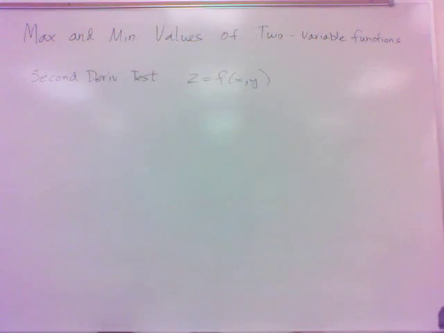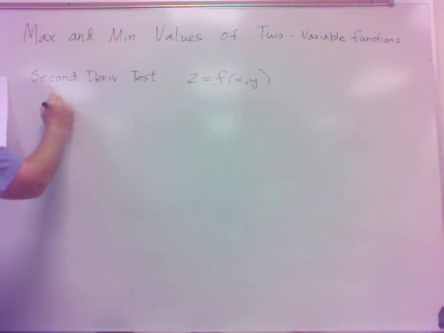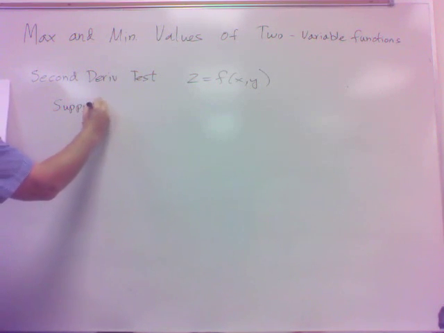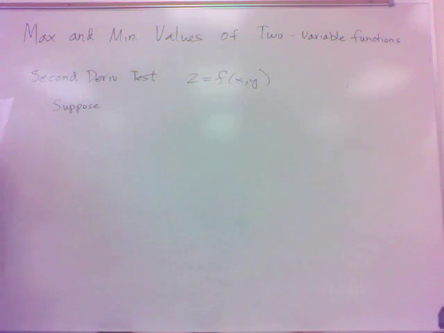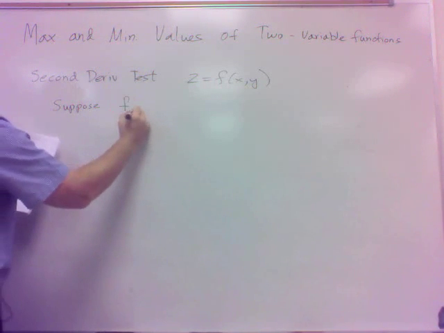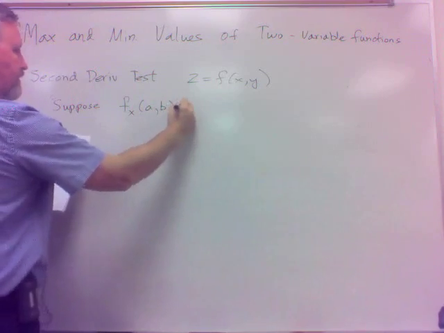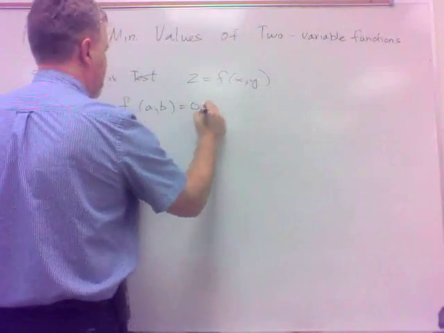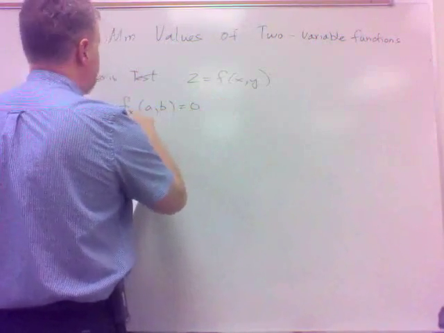Okay, so this is the second derivative test for local maxes and mins for a two variable z equals f of xy function. So suppose, again, our first order partial derivatives are equal to 0.